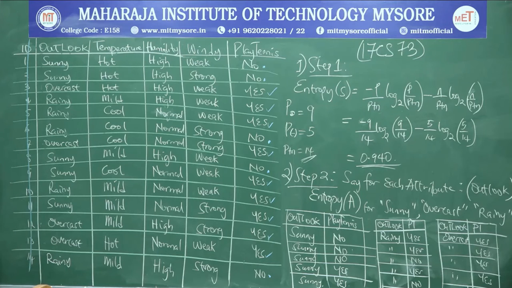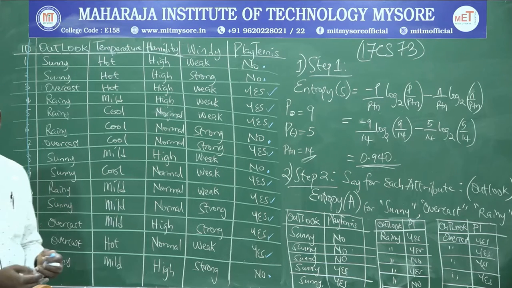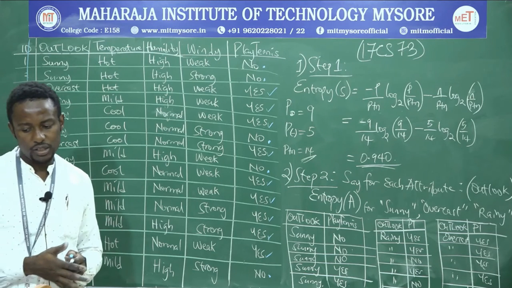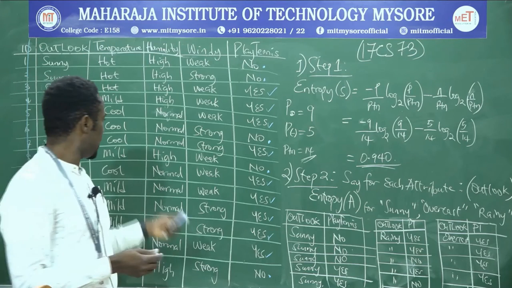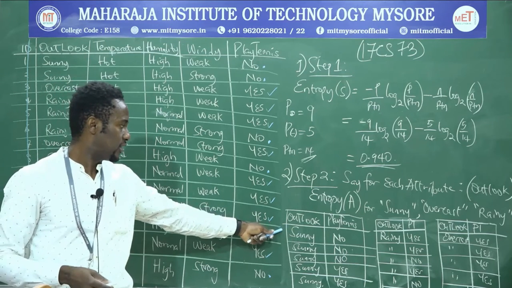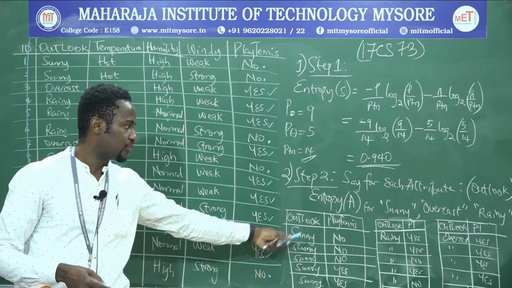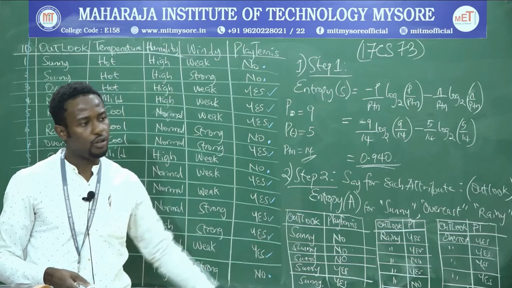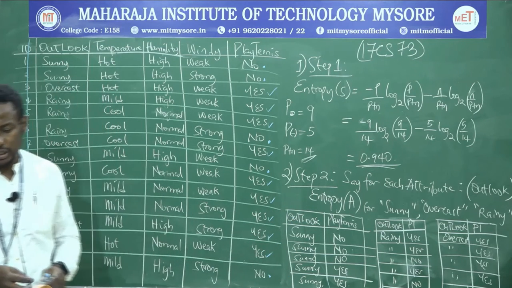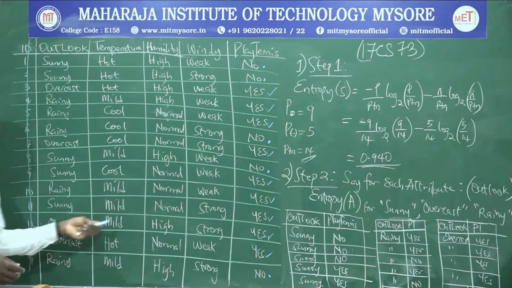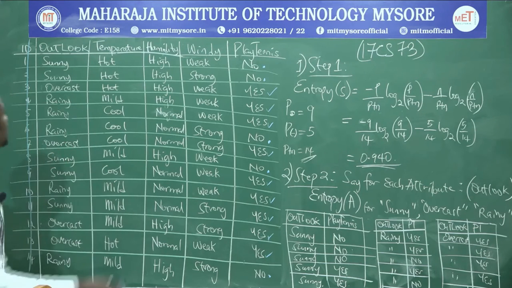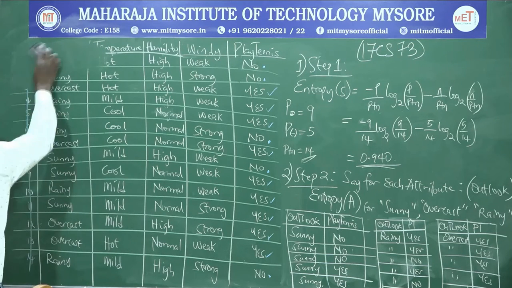So next thing we have to do now is to compute the entropy of each of these: outlook for sunny, outlook for rainy, outlook for overcast. So for that, I have to wipe this. Give me a second.